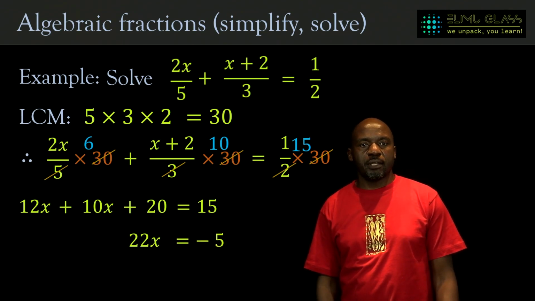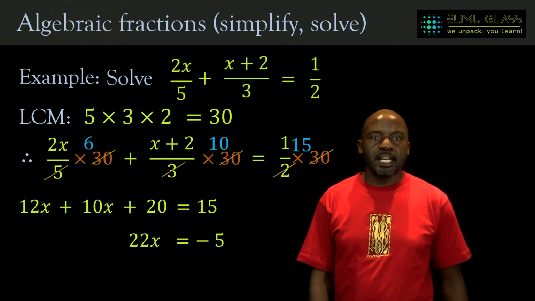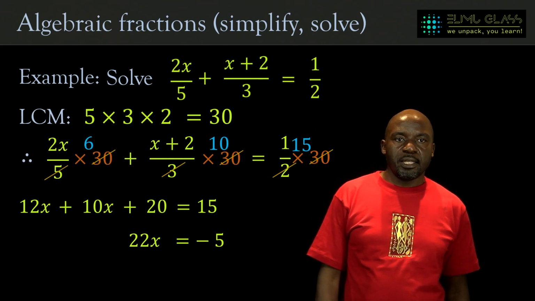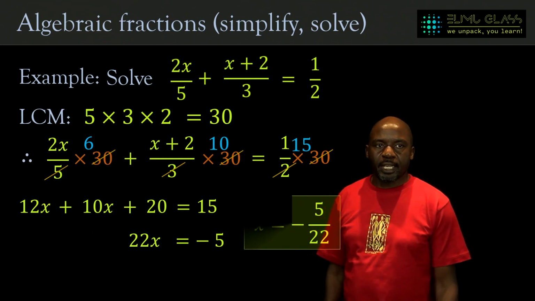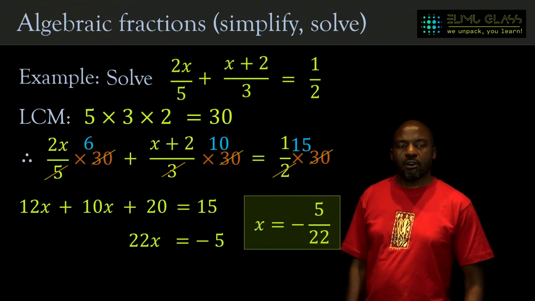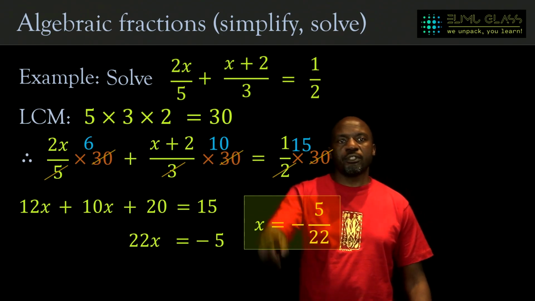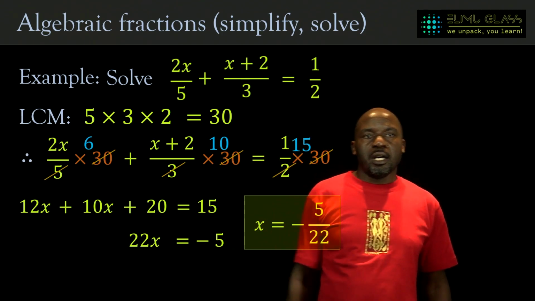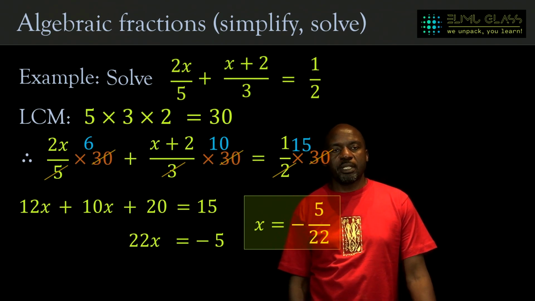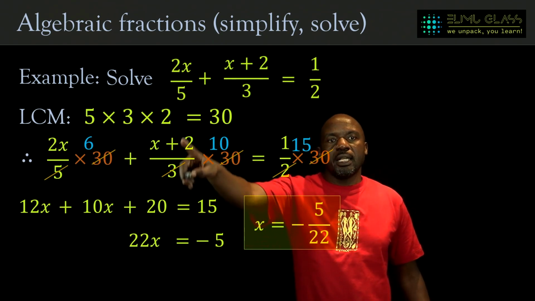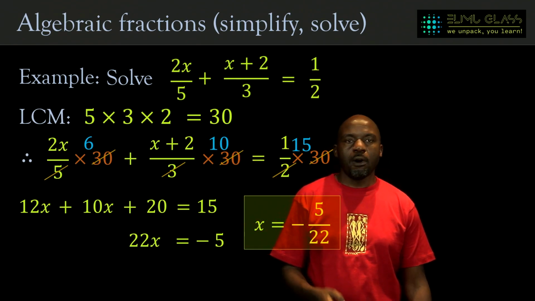So we end up with negative 5 on the right hand side, and so x is equal to, divide both sides by 22, negative 5 over 22. So we have solved an algebraic equation such as that one there. It's basically a linear equation, but in algebraic fraction form.